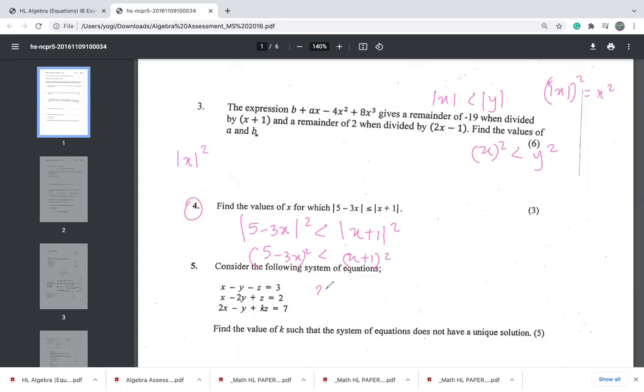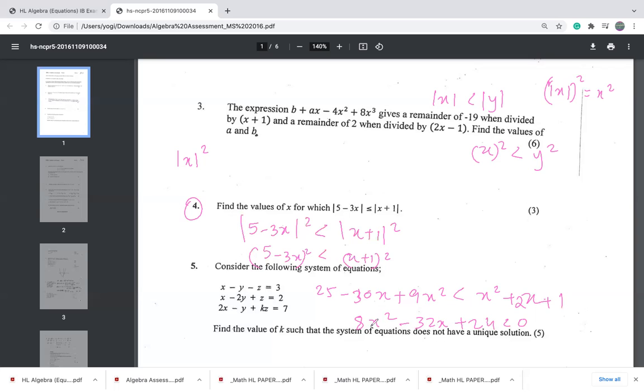This is going to be 25 minus 30x plus 9x squared less than x squared plus x plus 2x plus 1. Bring everything to one side, so it becomes 8x squared, minus 32x, and plus 24, less than 0.